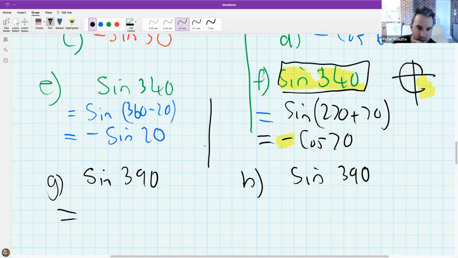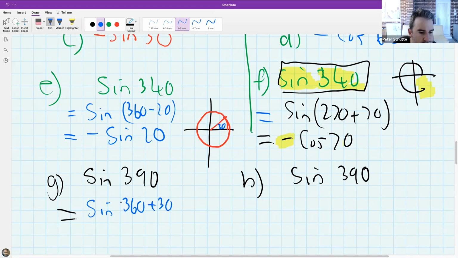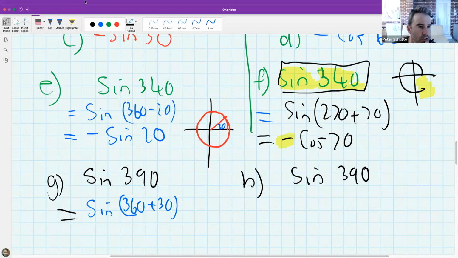So how would I visualize 390? Nkate, let's go to you. Nkate, what do you think we would do from here?